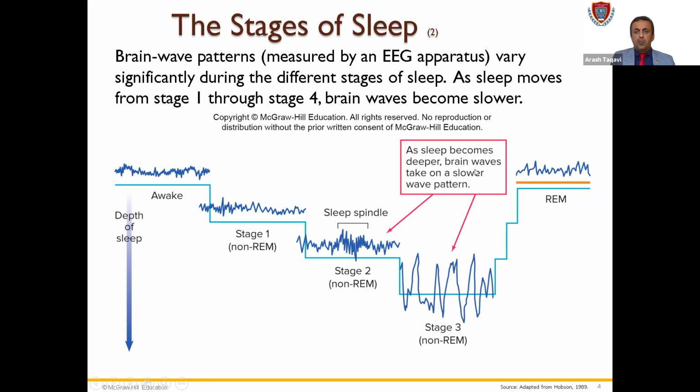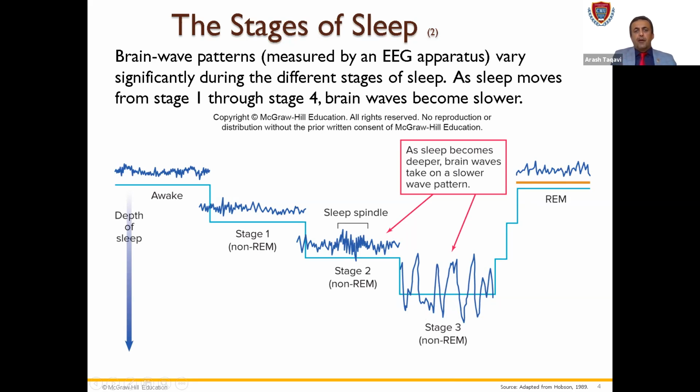As sleep becomes deeper, brain waves take on a slower pattern, but we have some spikes and valleys. Brainwave patterns measured by EEG vary significantly during the different stages of sleep.